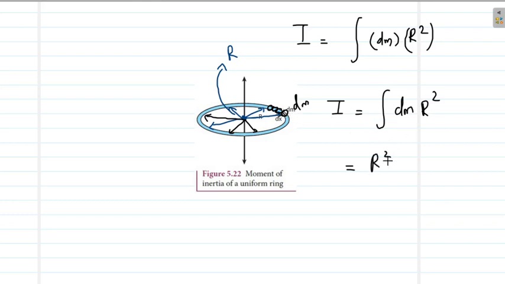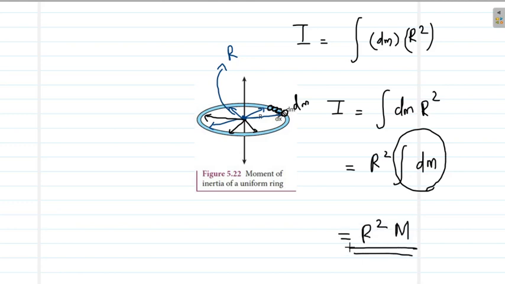So R square is a constant, R square into integral dm. Integral dm is simply the total mass of the whole ring. So that is equal to R square into M. So we have found that the moment of inertia of the ring about an axis passing through the center of the ring is equal to MR square.